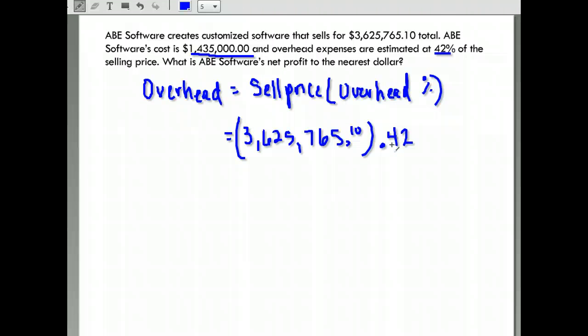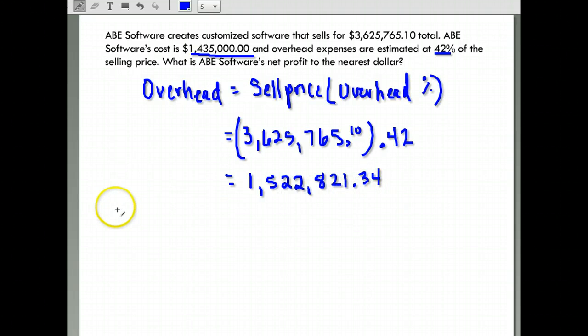So we have $3,625,765.10 times 0.42. Okay, so their overhead is $522,821.34. That's their overhead costs.